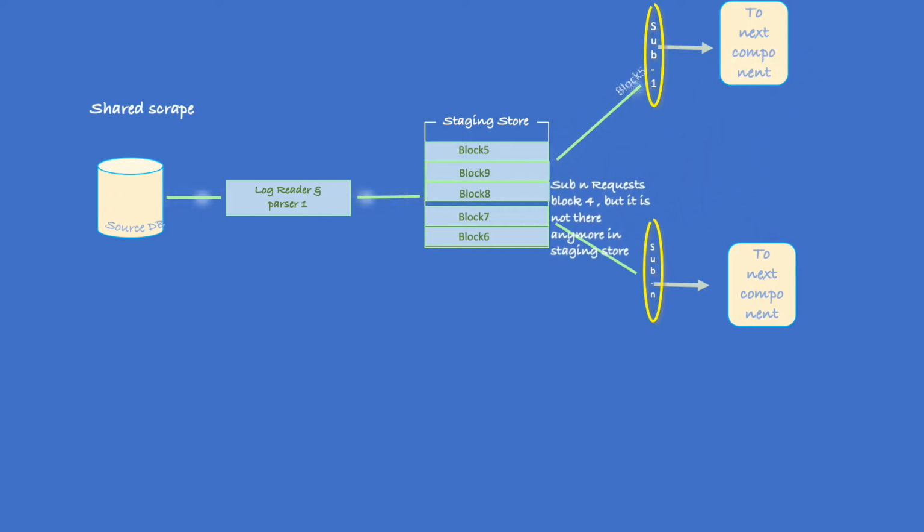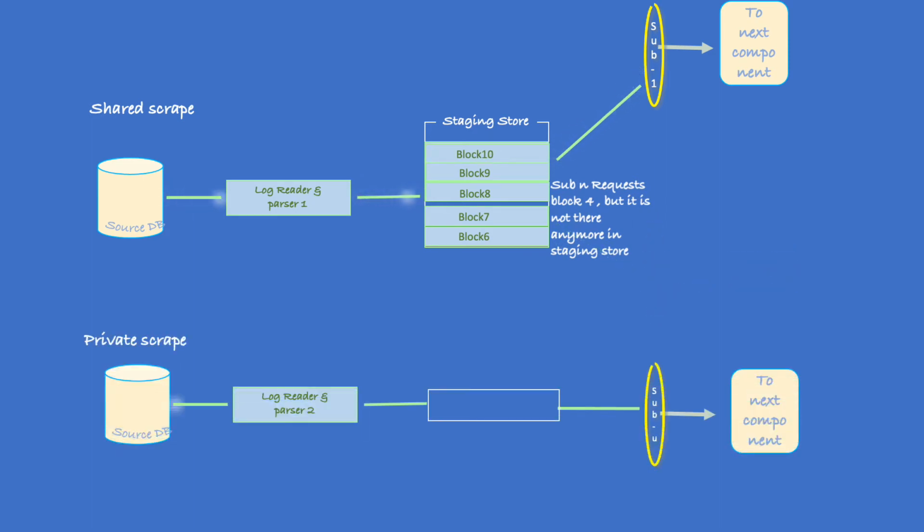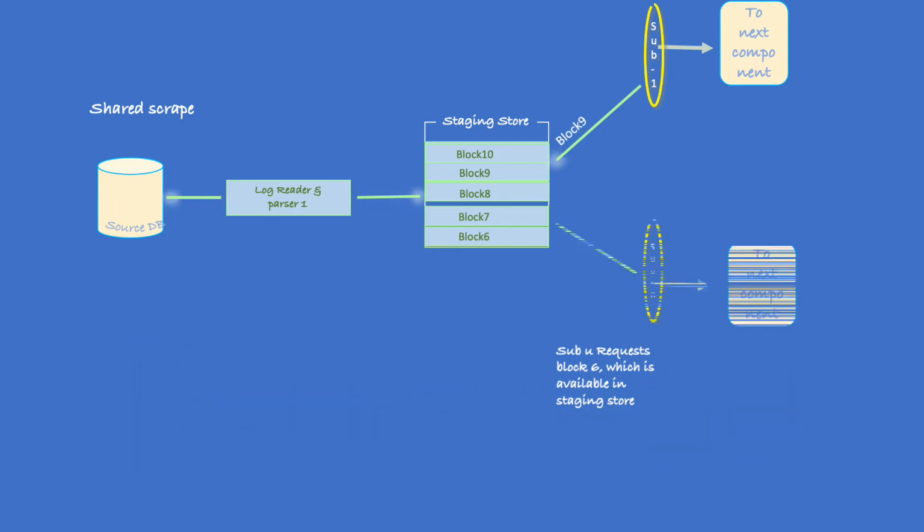Private scraper is spawned when a subscription no longer finds the required data in the staging store. The private scraper rejoins when the required data is found in the staging store.